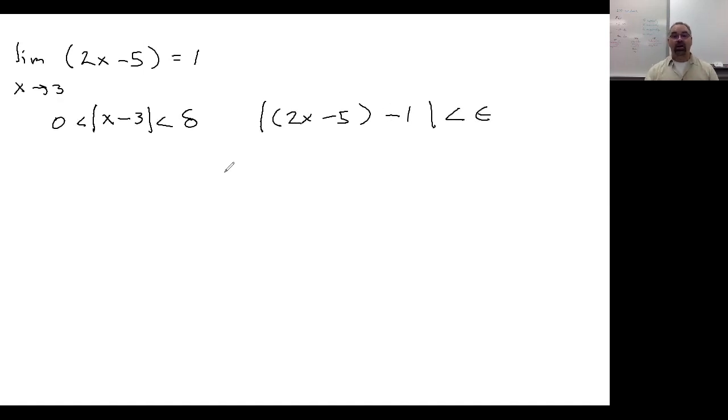Now, our work here is to draw the connection between the two. Somehow we have to connect epsilon and delta in this problem. If you look carefully, you might see that 2x minus 5 minus 1 is 2x minus 6, and that is factorable.